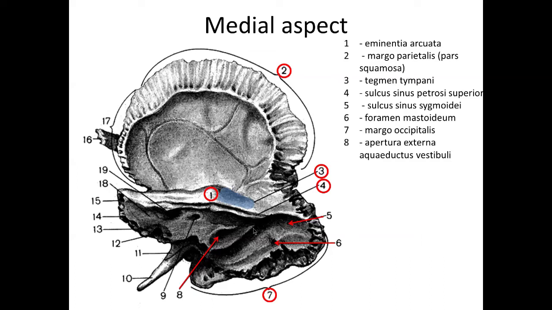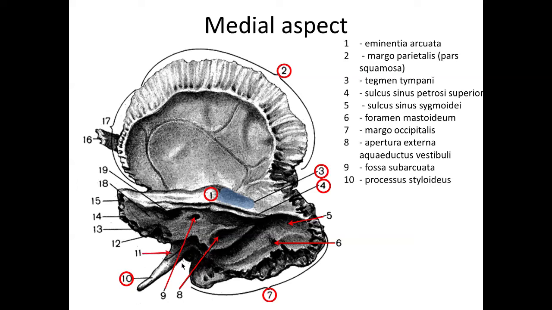So let's continue in anterior direction. Number 9 is fossa subarcuata, which is quite small. And then number 10, processus styloidus.